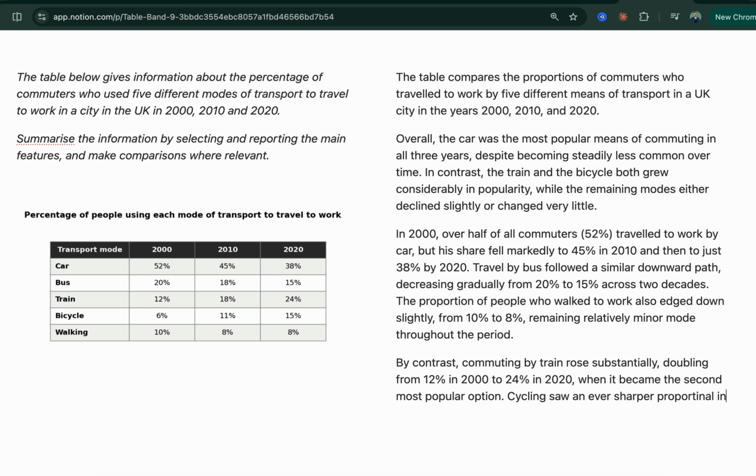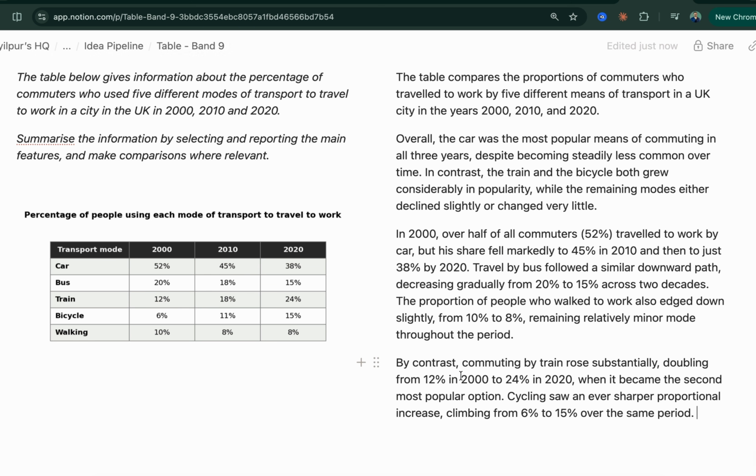Cycling saw an even sharper proportional increase, climbing from 6% to 15% over the same period. Yep.